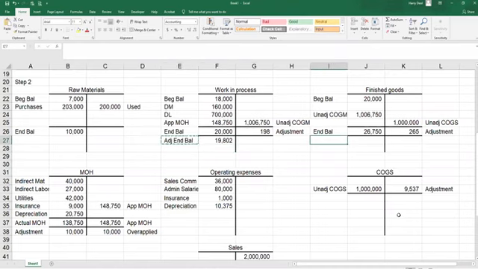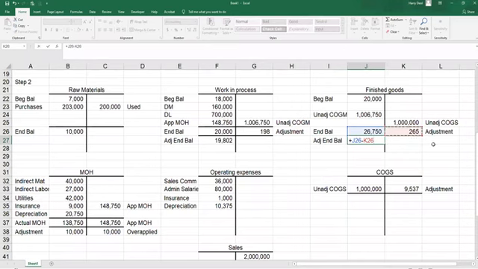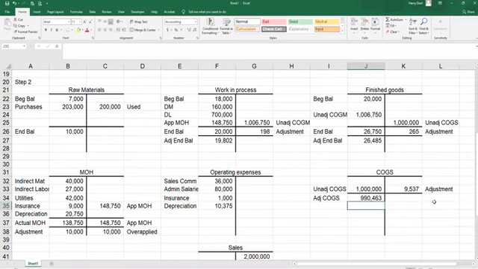The adjusted ending balance for finished goods will be 26,750 minus $265, 26,485. And the adjusted cost of goods sold for the income statement will now be a million minus the 9,537, 990,463.